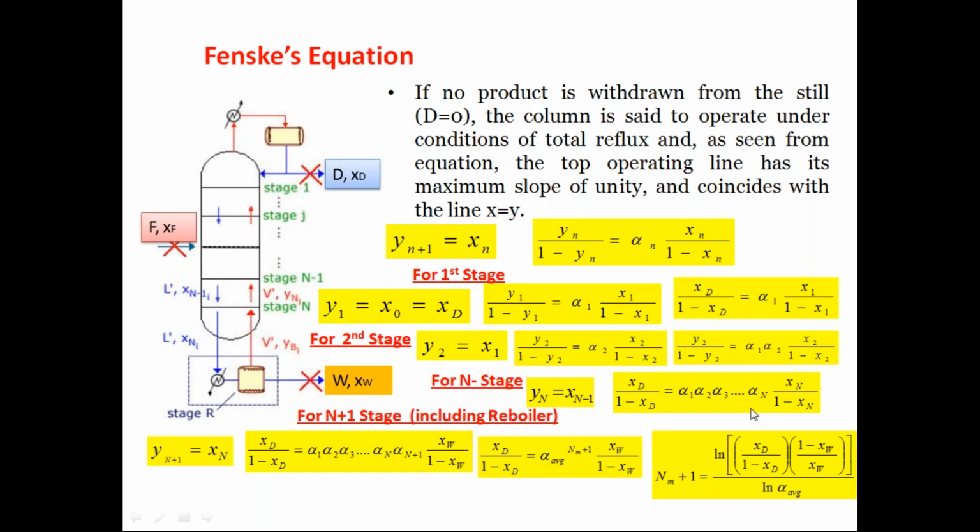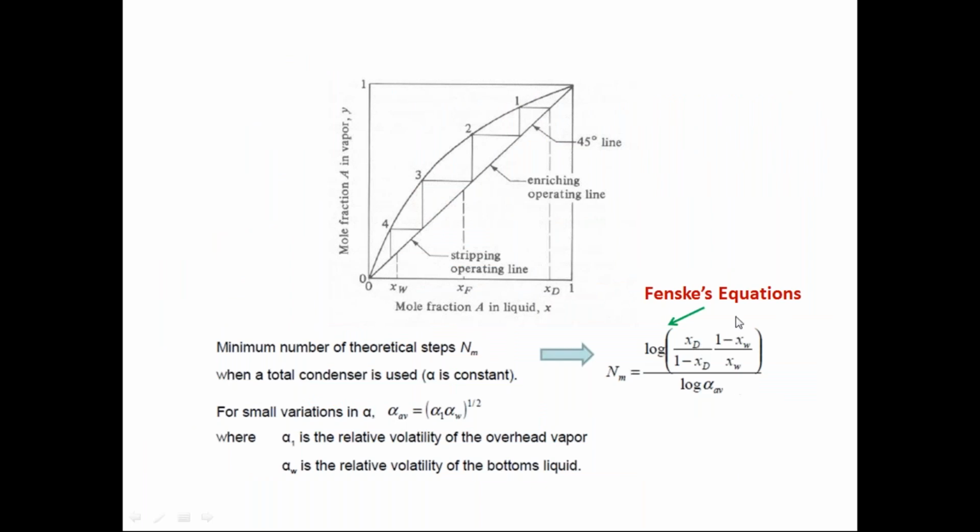So this equation is typically called the Fenske's equation. So here I have written this. This nm indicates the reboiler also, so in place of nm plus 1, I have put nm only. So that is giving this one.